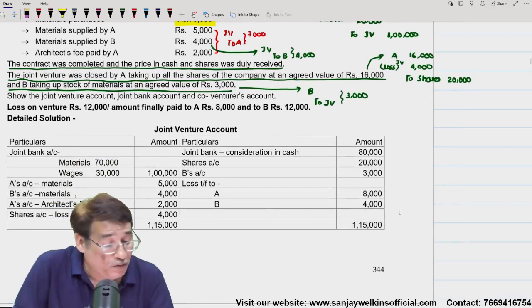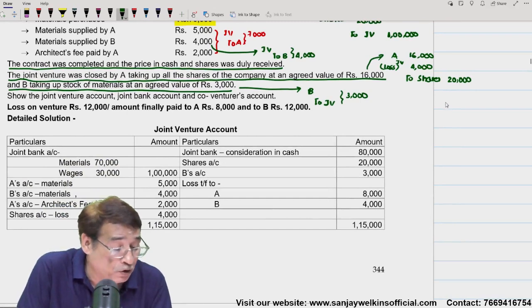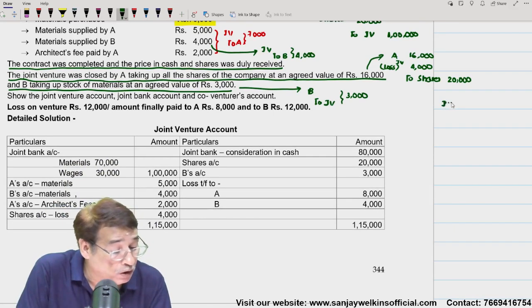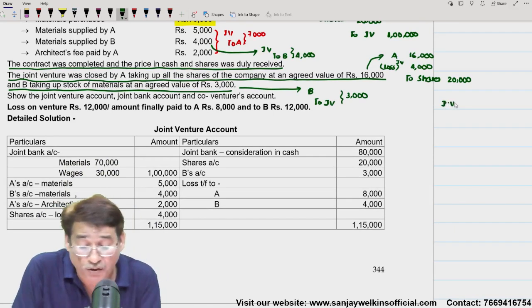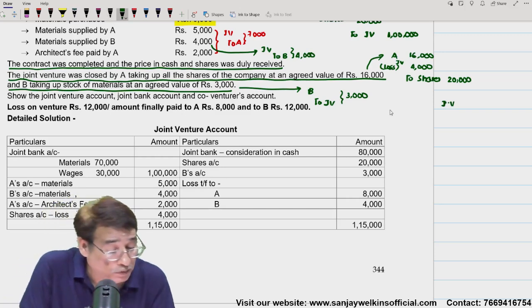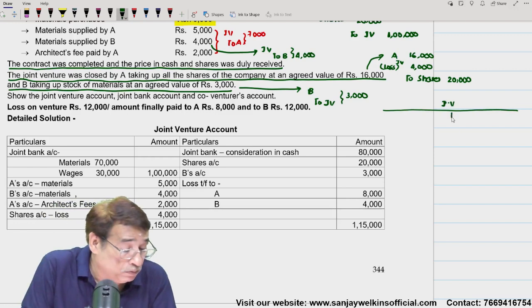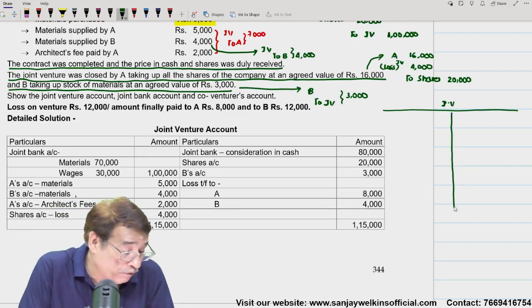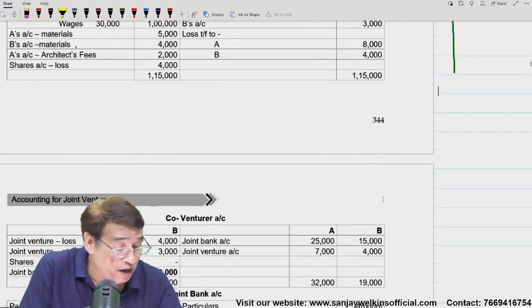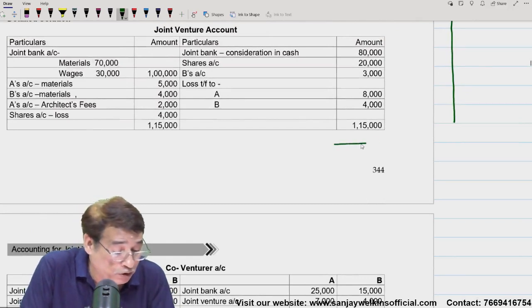So first I will prepare the joint venture account just to make the point a little bit clearer to you. This is our joint venture account, correct? And then we are going to prepare the co-venturer account.